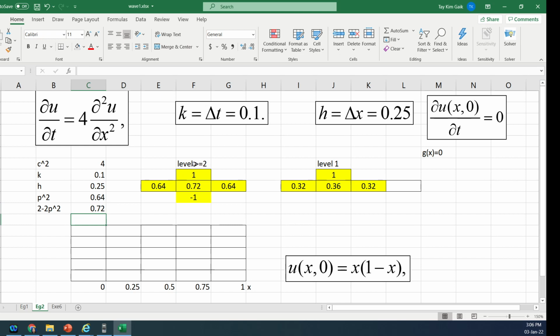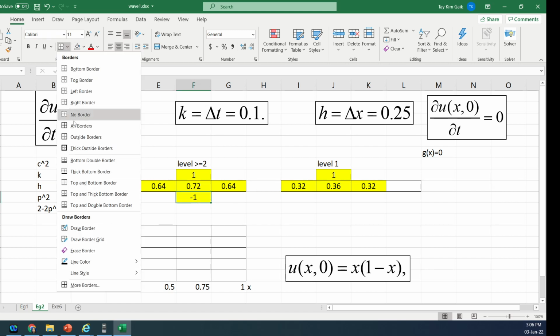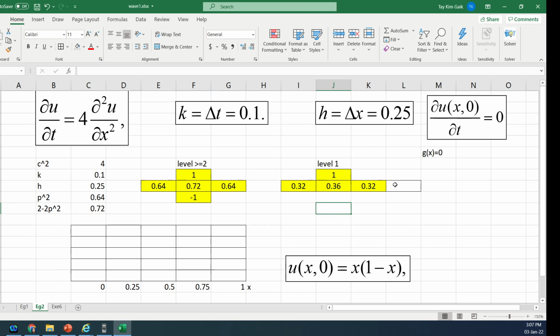So the molecule for level greater than or equal to 2: 1 time the targeted cell equals rho squared, which is 0.64, multiply the left middle level cell, plus 0.72, which is 2 minus 2 rho squared, multiply the center middle cell, plus 0.64 right middle cell, minus 1 time the center bottom cell. And for level 1, because g(x) is 0, you can easily obtain level 1 by taking the middle level of level 2 divided by 2.